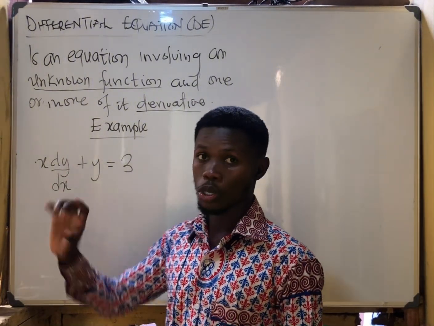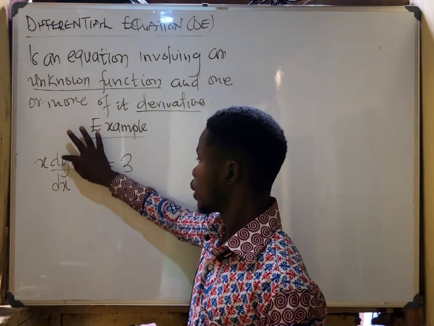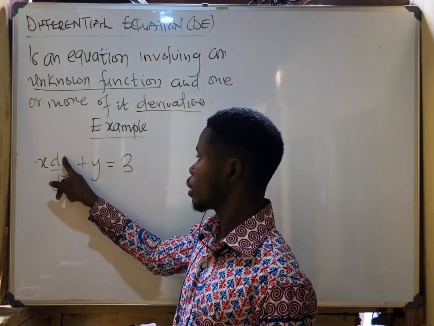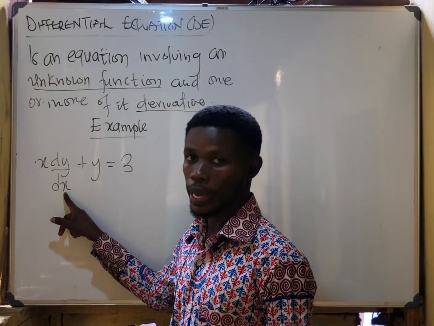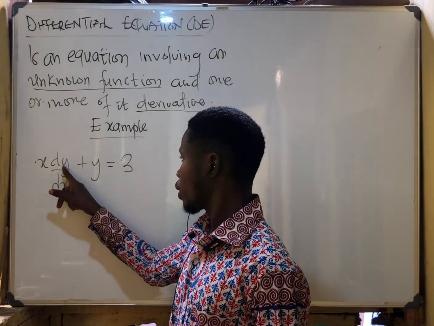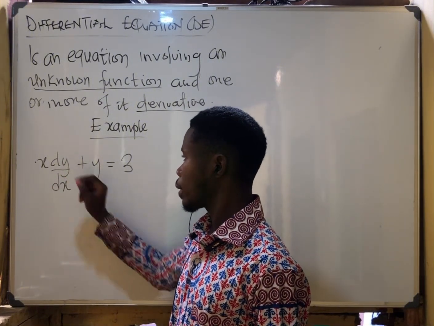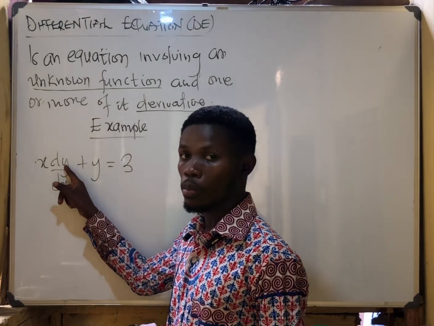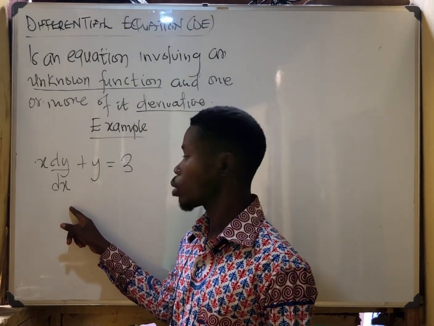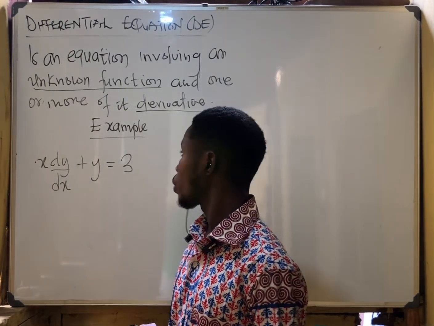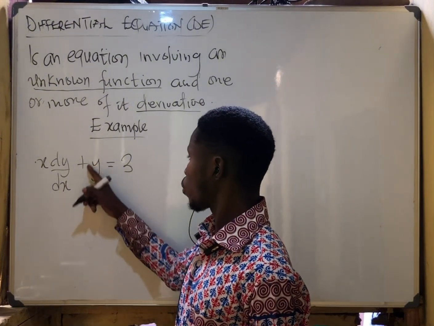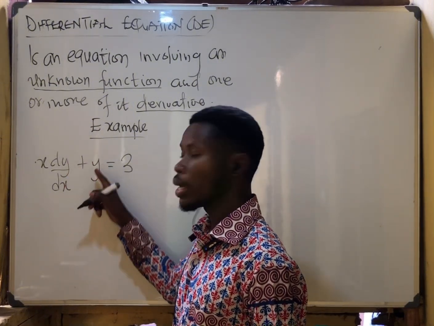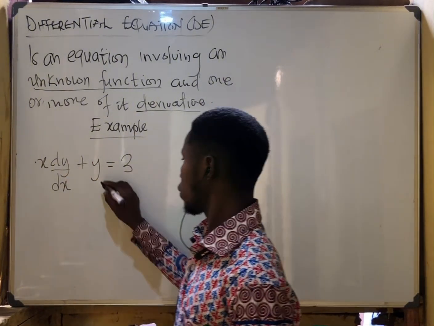You have done calculus already. So realize that in dy/dx we are differentiating y with respect to x. The y we are differentiating here is what we call the dependent variable, and what you are differentiating with respect to is what we call the independent variable. And this y here becomes an unknown function.